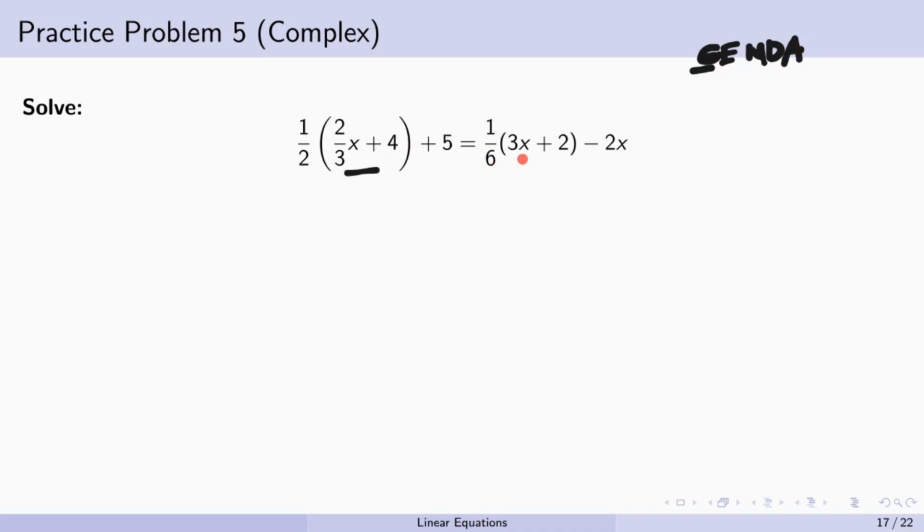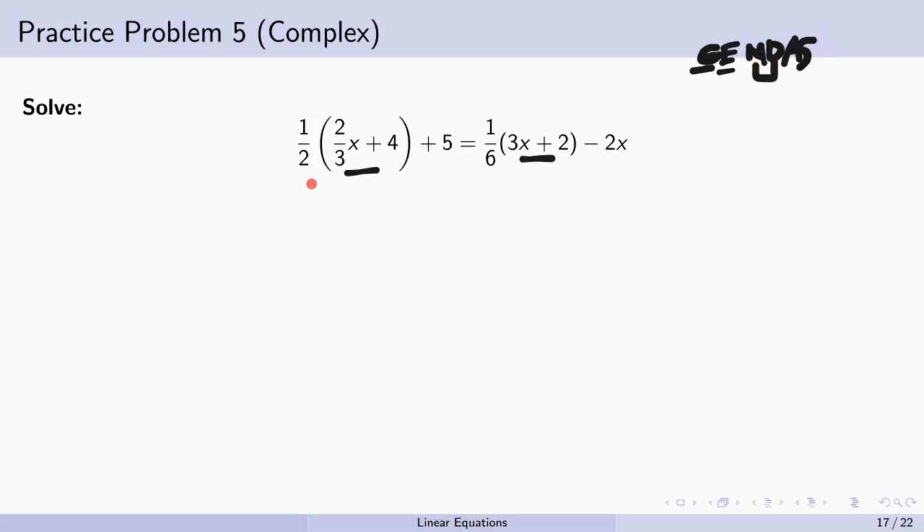Since we can't combine 2/3 x to 4 or 3x plus 2, we can now proceed to the exponent. Since this is a linear equation and we can see an exponent which is an invisible exponent that is raised to 1, therefore, we can proceed to the arithmetic operations, multiplication and division, whichever comes first.